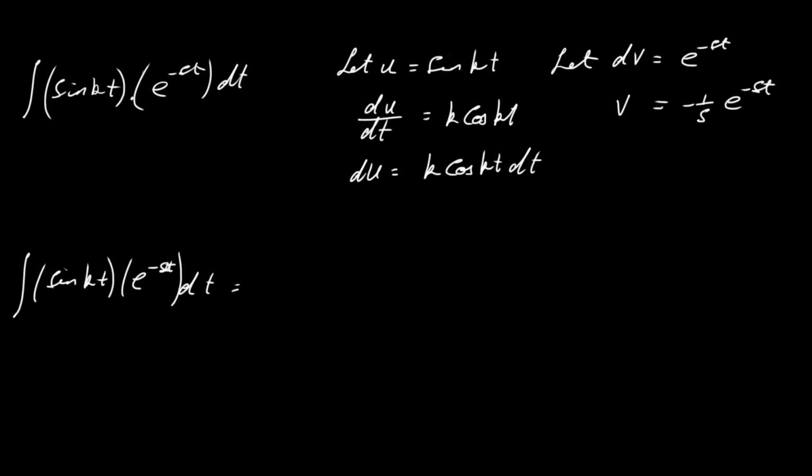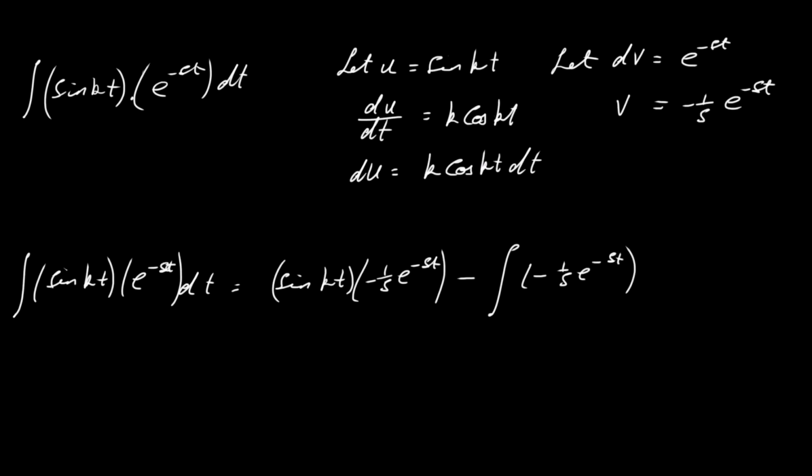Well, u is sine kt, v is this here, so it is minus 1 over s e to the power minus st, minus the integral of v du. Well, v again is minus 1 over s e to the power minus st, du is this here, so it is k cos kt dt.